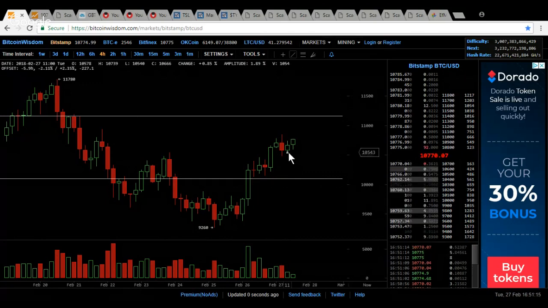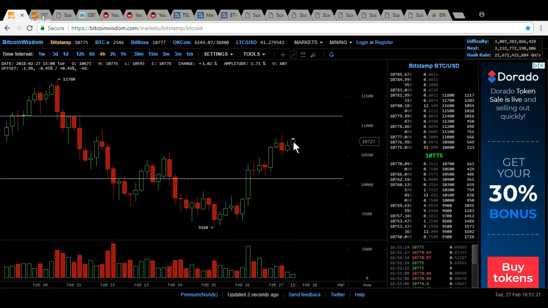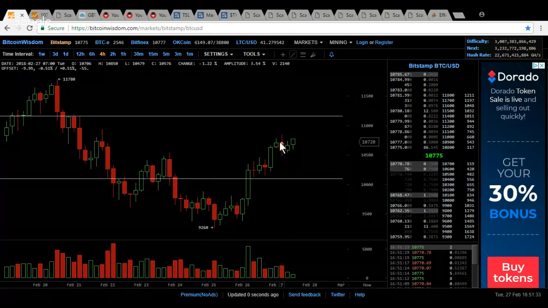We turned around the next 4-hour period. And now, in this 4-hour period, we have actually got a high above the previous high and a high above the high of that red candle.